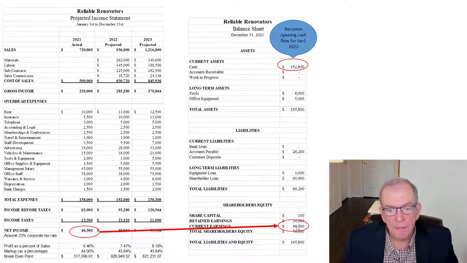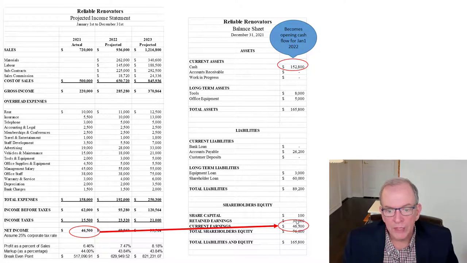So that would then be our current earnings. That would be under the line current earnings for our balance sheet, which is taken at a point in time. So on December 31st, 2021, the end of this period, that would be our current earnings. That would be our $46,500.